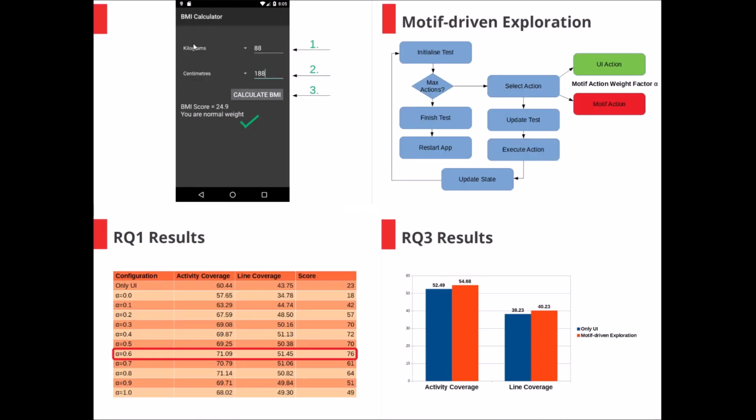This brings me to the conclusion and some points that should be addressed by future work. We have seen in this presentation that plain UI actions are not sufficient to properly explore Android apps. The solution was to introduce motif actions, which are specific sequences of UI actions to fulfill some use case.